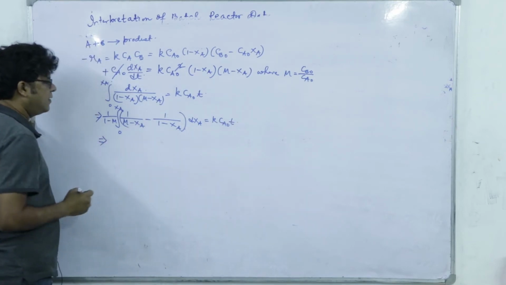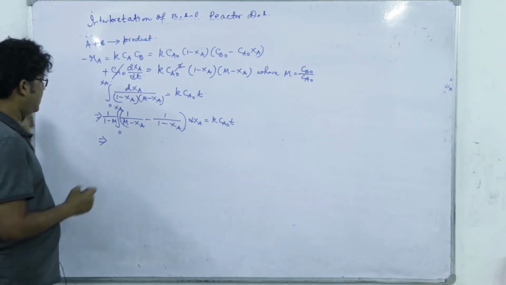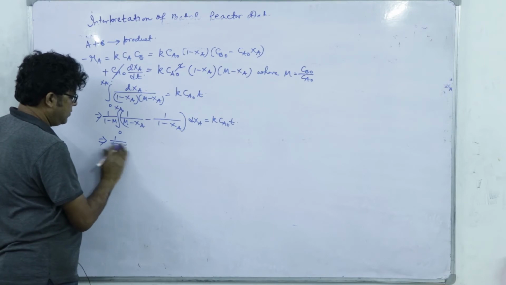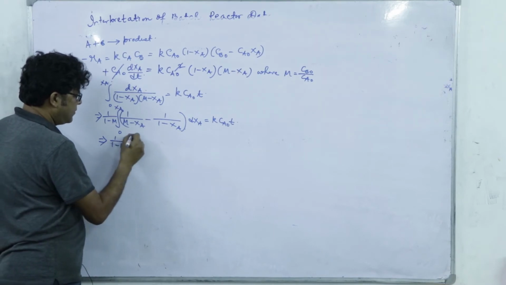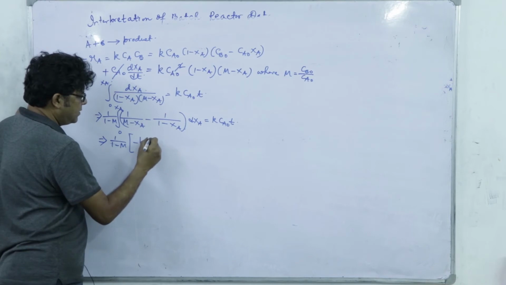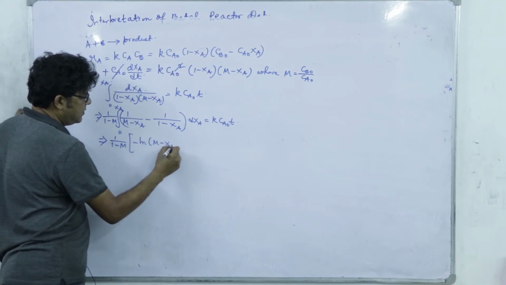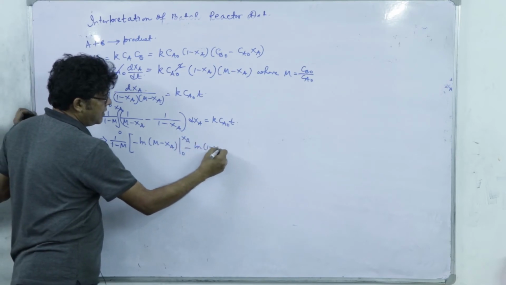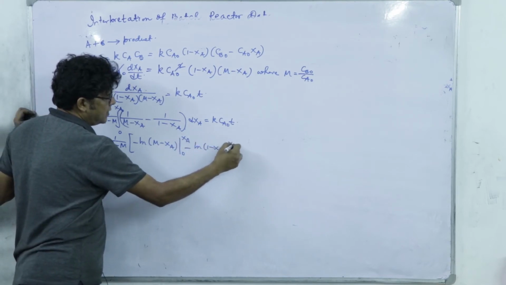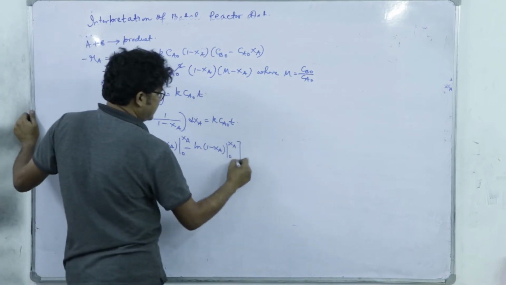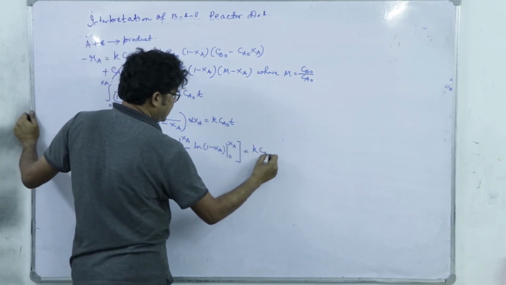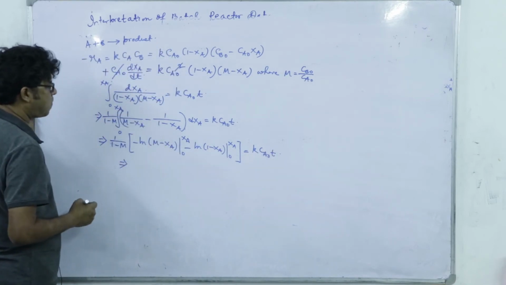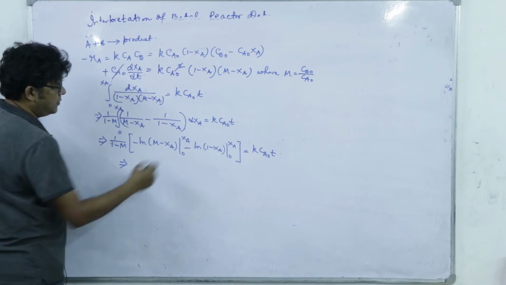So, we will have 1 by M minus 1 minus M. So, minus of ln M minus Xa 0 to Xa minus of ln 1 minus Xa 0 to Xa is equal to k Ca naught t. So, this will be plus, right?